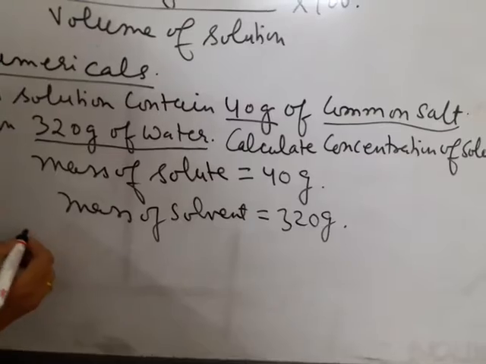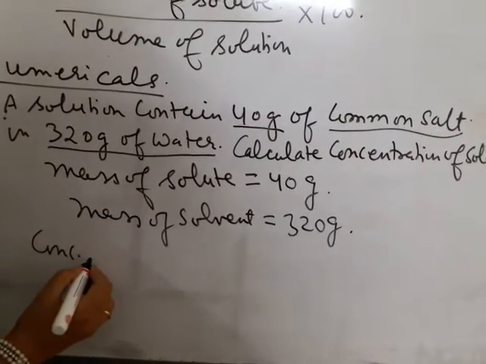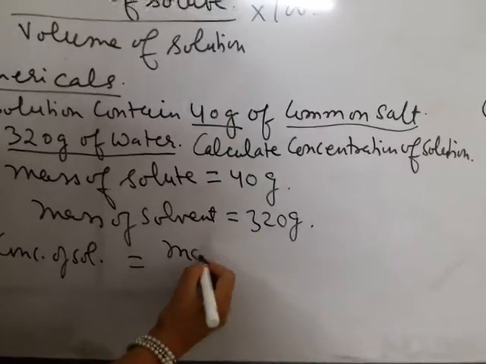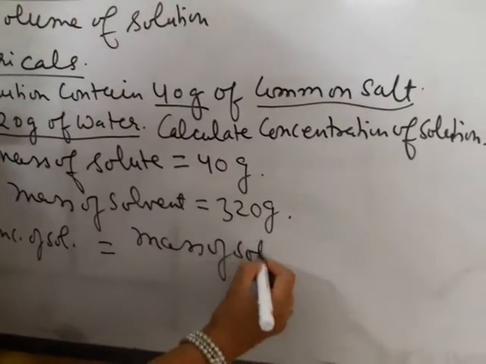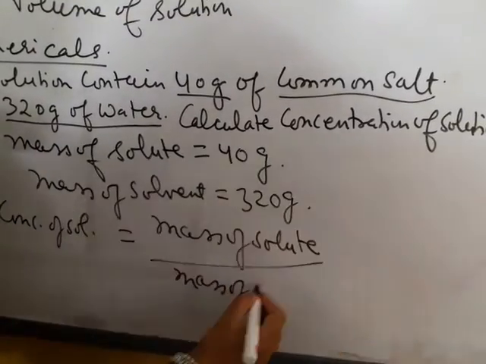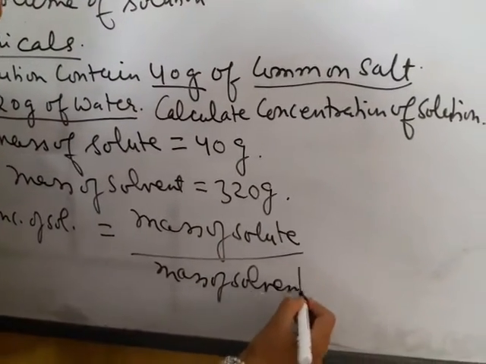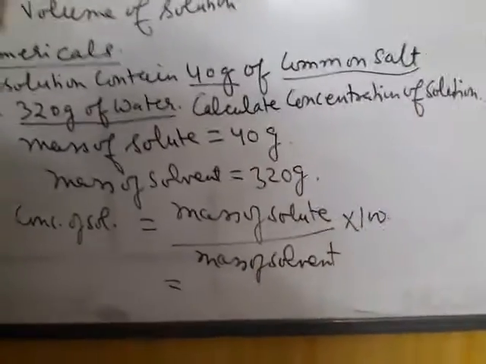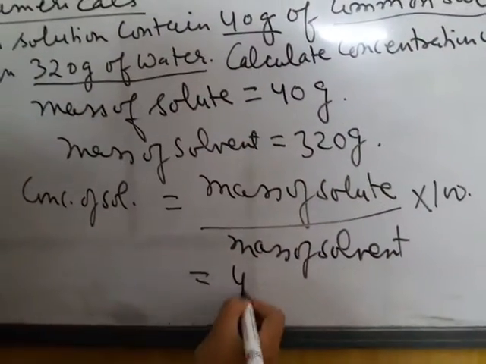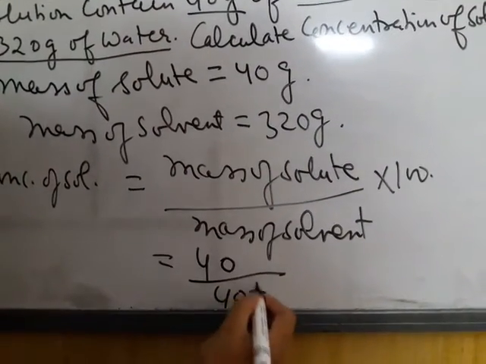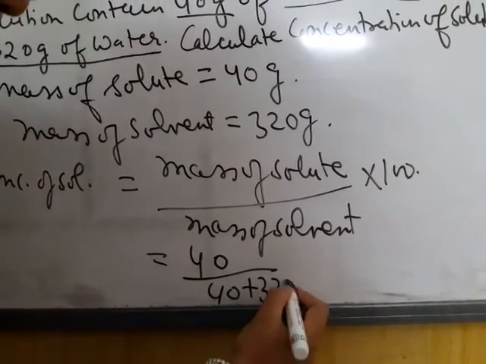And concentration of solution is equal to mass of solute upon mass of solution into 100. Now here 40 is mass of solute, 40 plus 320.